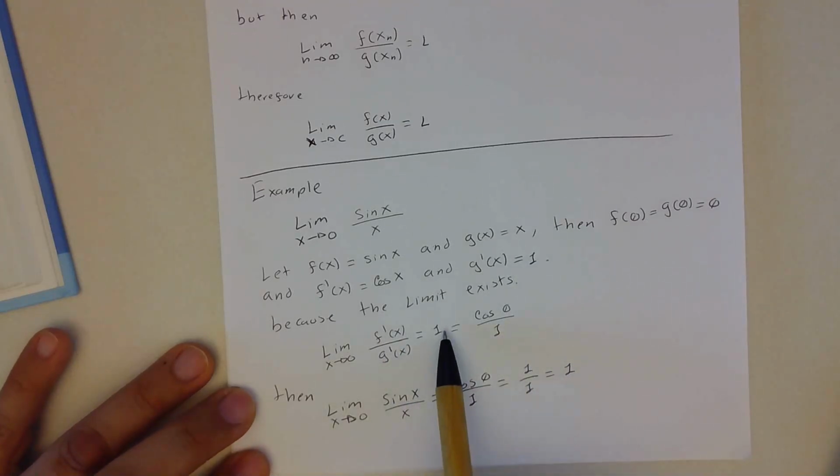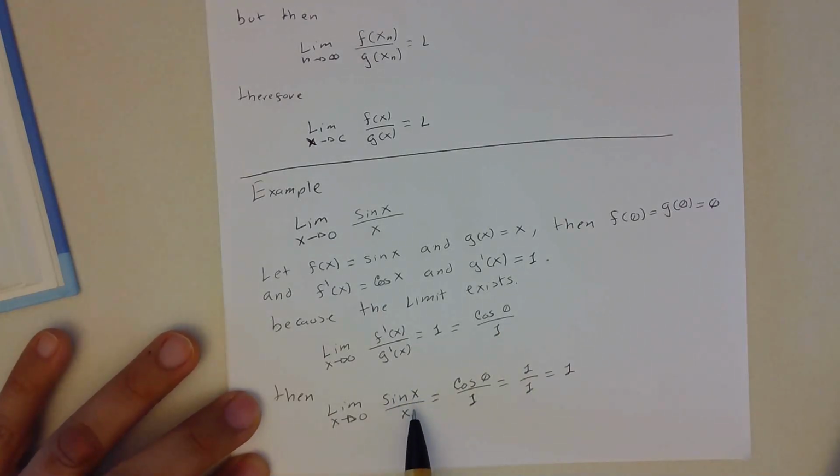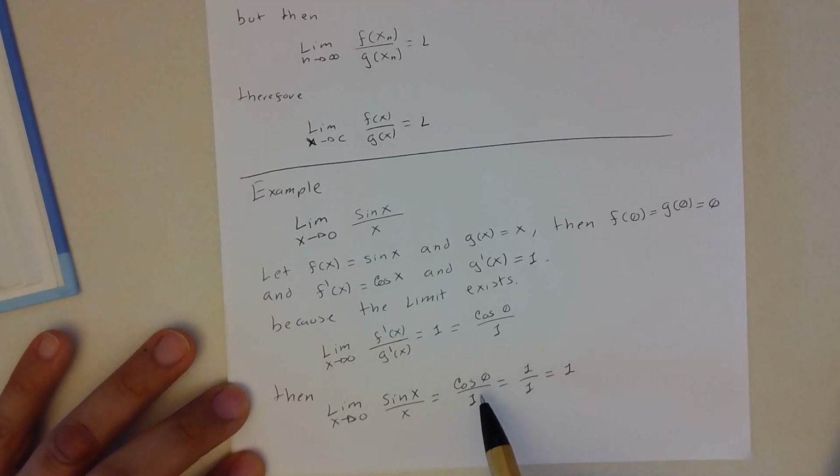We see that the limit exists as a number in the real line, then we can substitute and say that the limit of sine of x over x will be the same as the limit of cosine of x over 1, which is 1, and if we do the evaluation, it is 1.